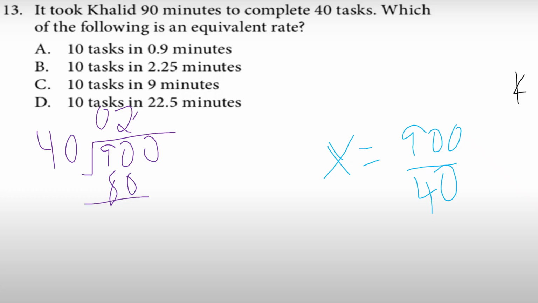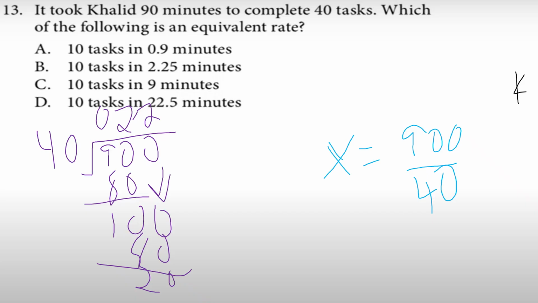We subtract 80 from 90. That gives us 10. 40 can't go into 10. And we have the 0 here, so we bring that 0 down. 40 goes into 100 2 times. 2 times 40 is 80. Gives us 20.